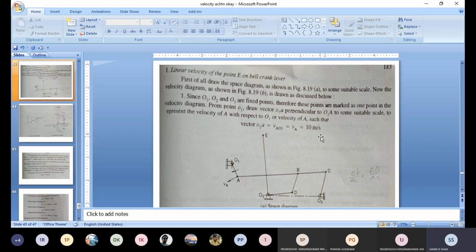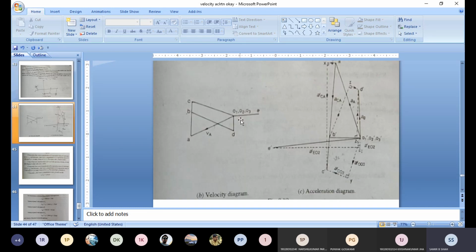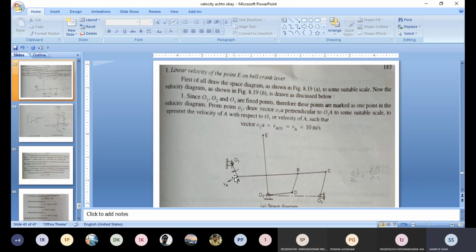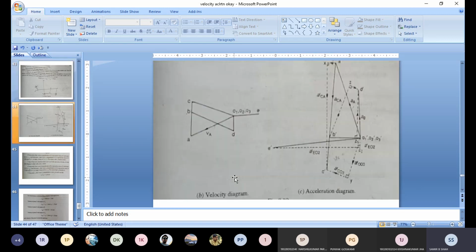If we consider 2 meter per second, then from O1, at 90 degrees, I draw the perpendicular to the space diagram of O1A, whose direction is this and magnitude is 5 centimeter. So I get A.